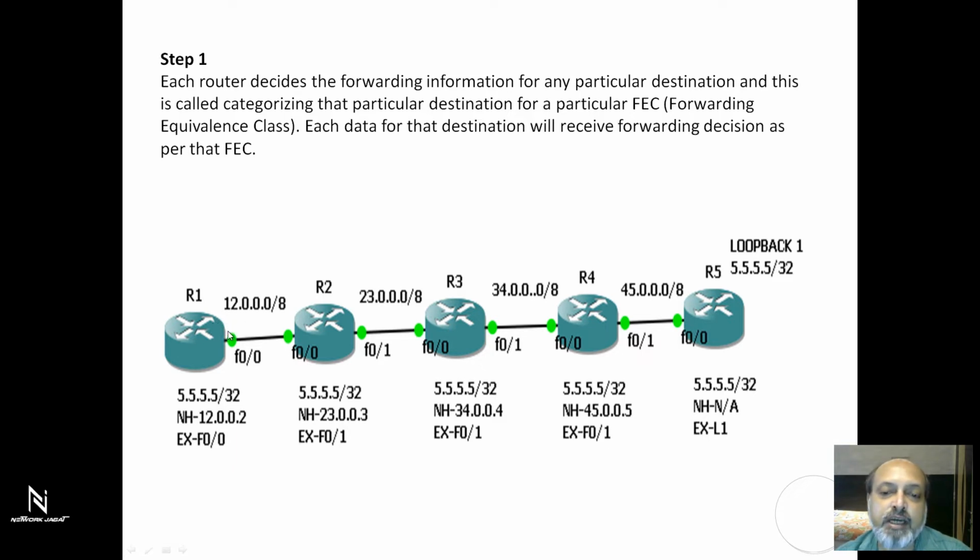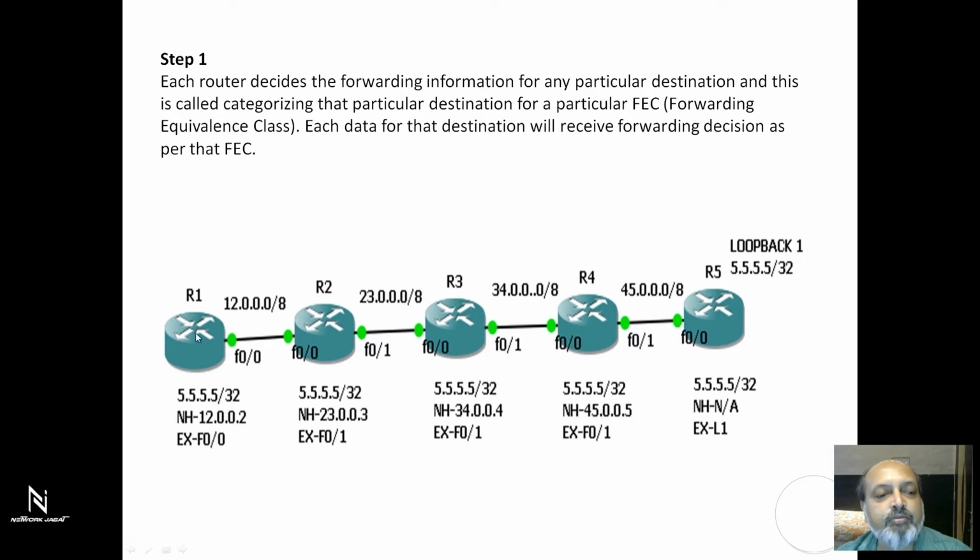So for the first time, that data gets a label from R1. This is called pushing the label or attaching the label. And when the data is leaving the MPLS domain through router 5, router 5 takes out the label, which is called popping or extracting the label from the data, right?